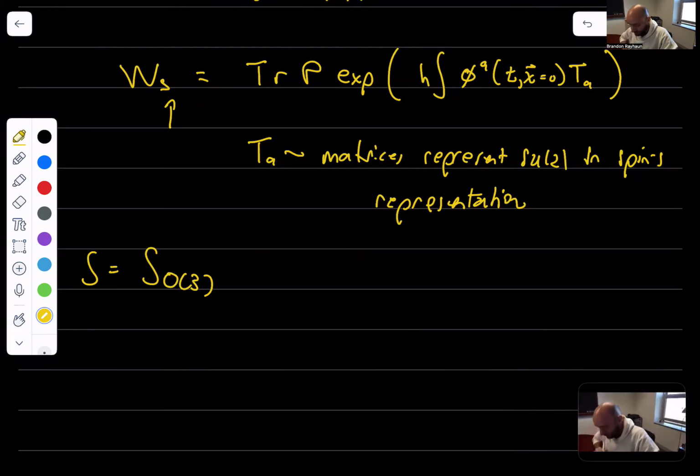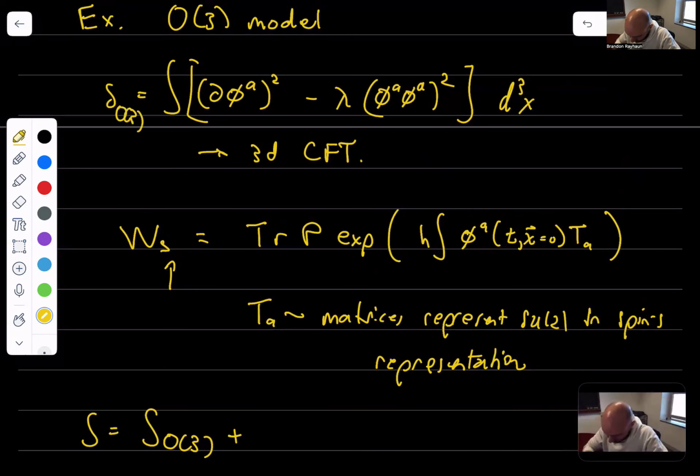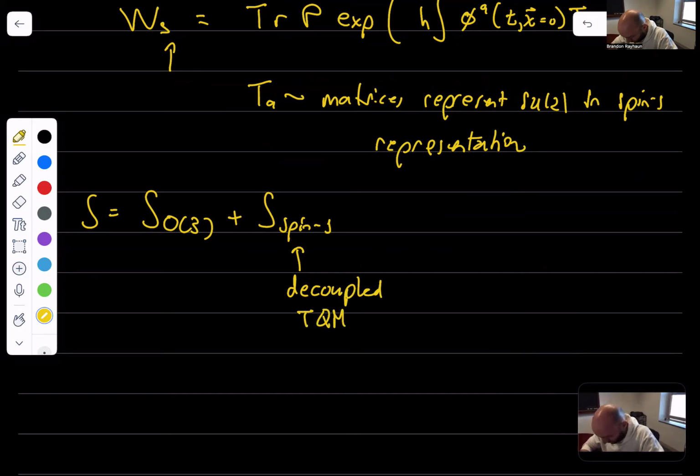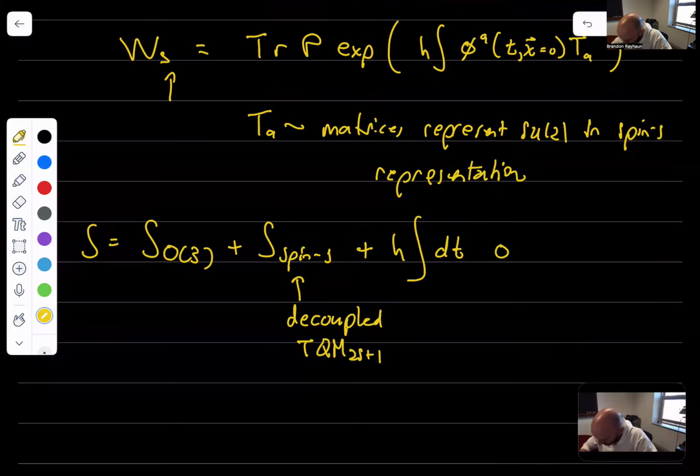We take our action to consist of the action up here in the bulk for the O(3) model, and I want to add the action of a spin S qubit, so just a decoupled topological quantum mechanics with 2S plus 1 ground states. And I want to couple this qubit to the bulk as follows, just imitating this Wilson line coupling.